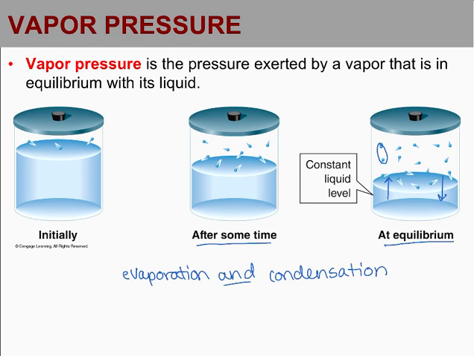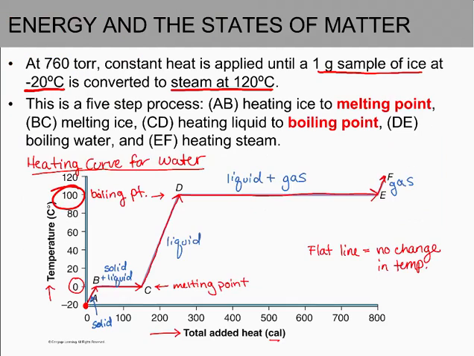So if we go back to the last figure, we said that at the boiling point, the liquid is turning into a gas. But we could also go in the opposite direction. What if we cool a gas? Then we're condensing the gas into a liquid form.